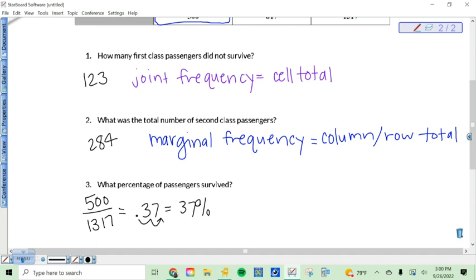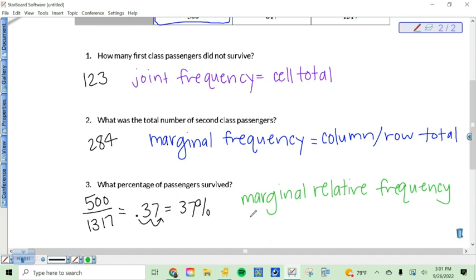So this is an example of something called marginal relative frequency. Whenever you see the word relative, you can think about two numbers being compared to each other. So relative as in like two numbers relating to one another, right?